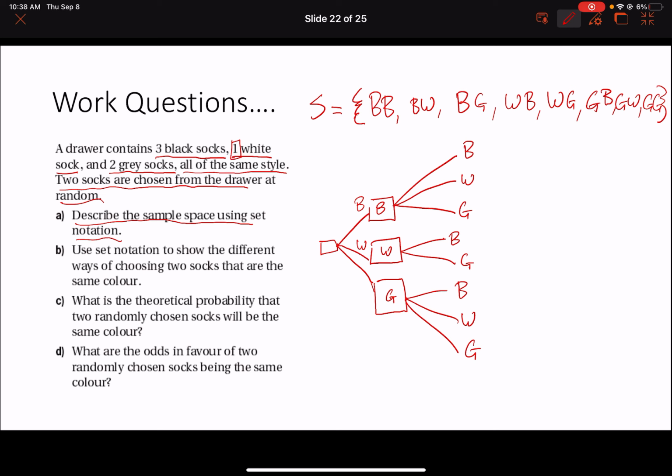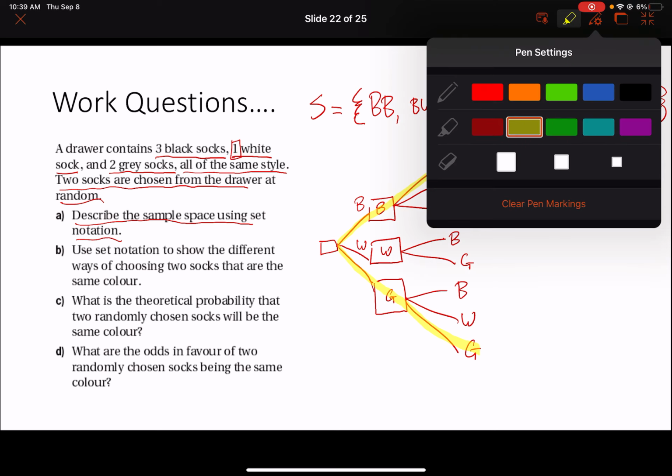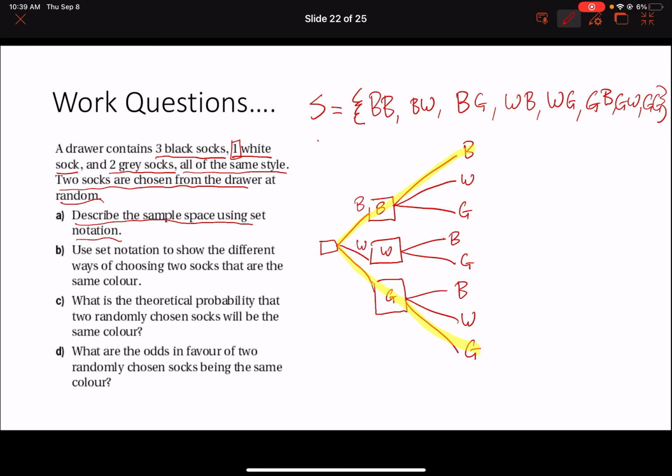Using set notation, show the different ways of choosing 2 socks that are the same color. Okay, so 2 socks that are the same color. I got B, B. I can't choose 2 whites because there's only 1. And I can go G, G. So let's represent that with an A. Let A represent the event of choosing the same color.